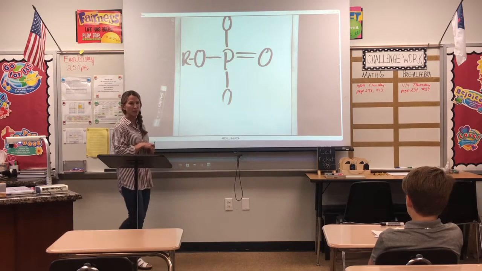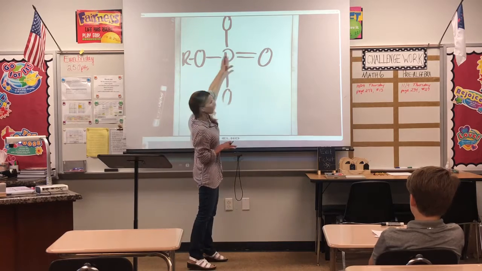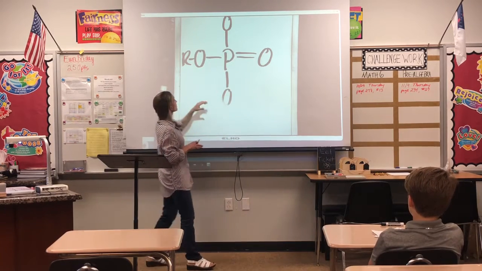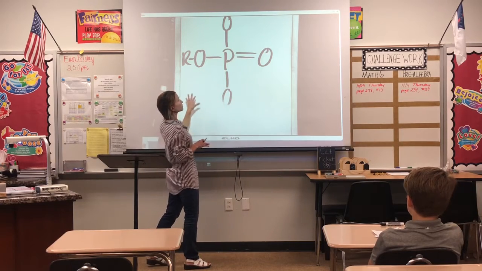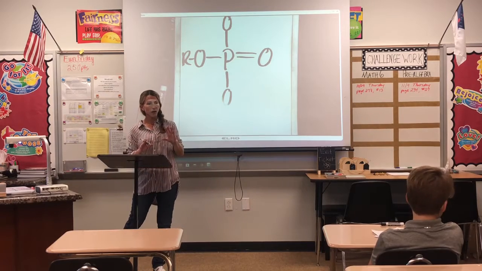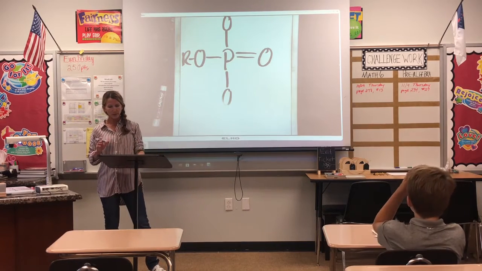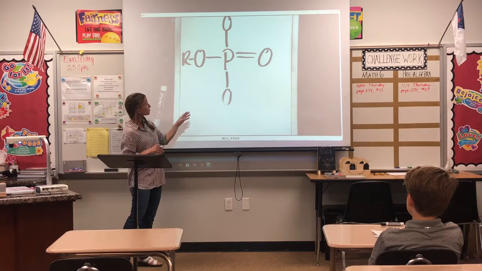There's angles, right? There's angles here, but they're even. They're evenly distributed, so the charge is evenly distributed, so there's no angle that causes a dipole moment, okay? So it is non-polar.